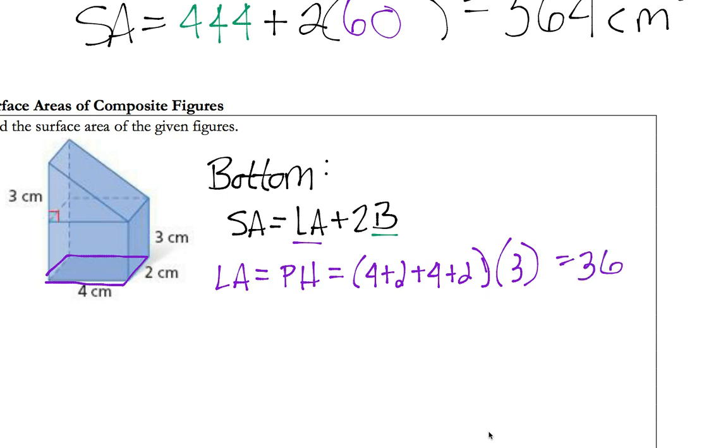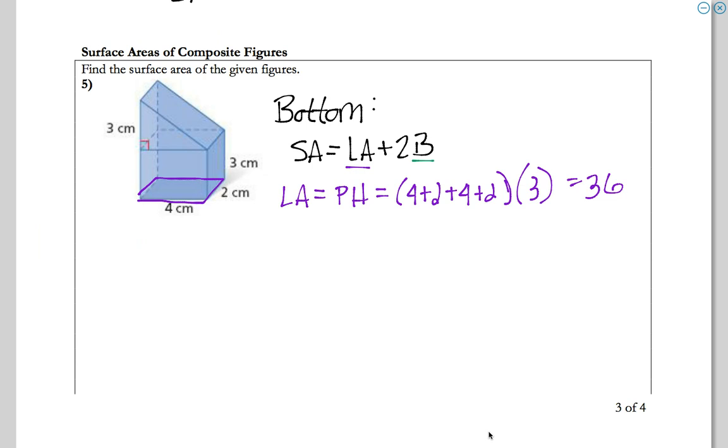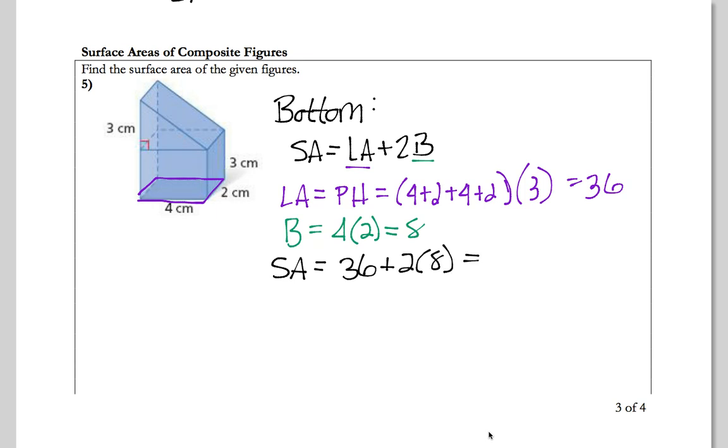Which is 36. Capital B is going to be 4 times 2, which is 8. So the surface area equals 36 plus 2 times 8, which is 36 plus 16, which is 52.